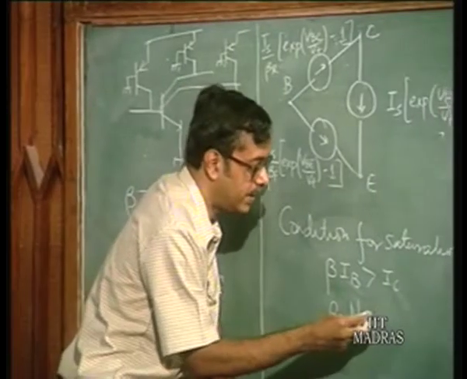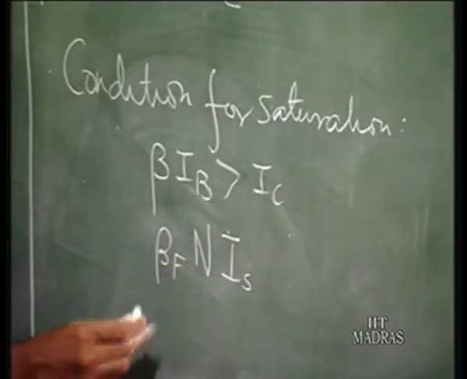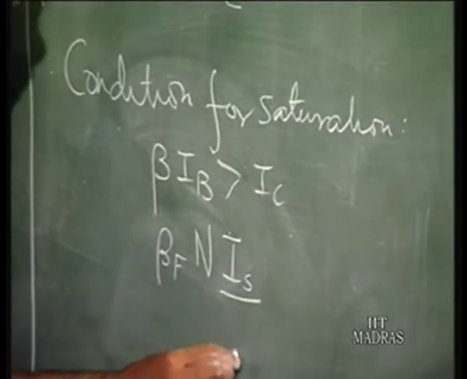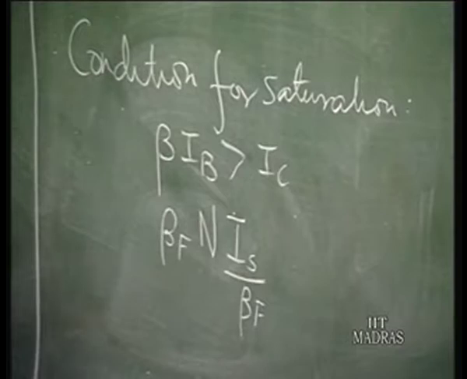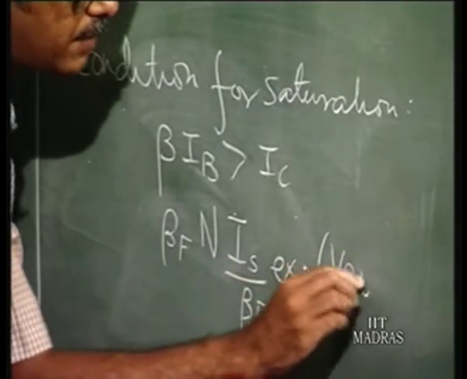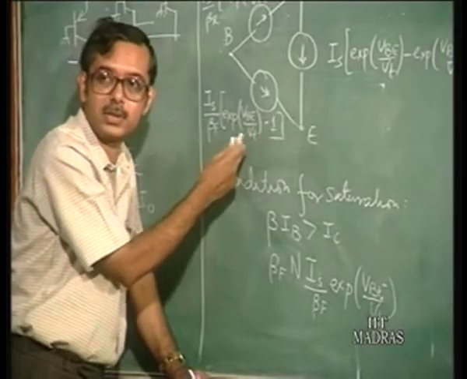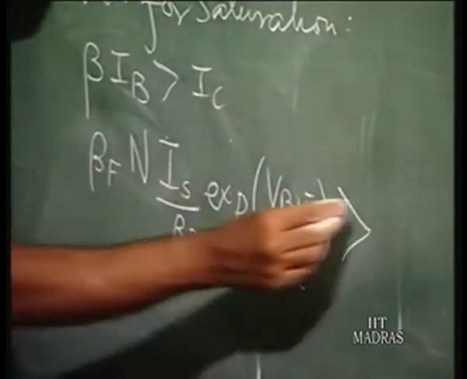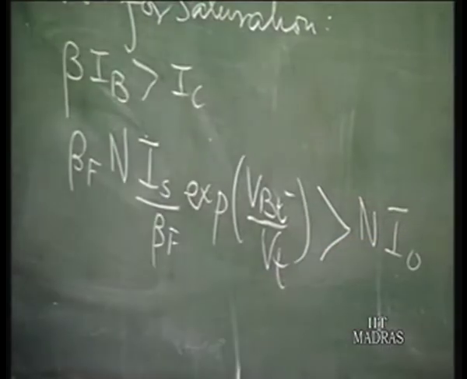So we can write n times Is by beta f, exponential Vbe by Vt, again neglecting the minus 1 which is much smaller, is greater than Ic, which is again n times, I will write I naught.